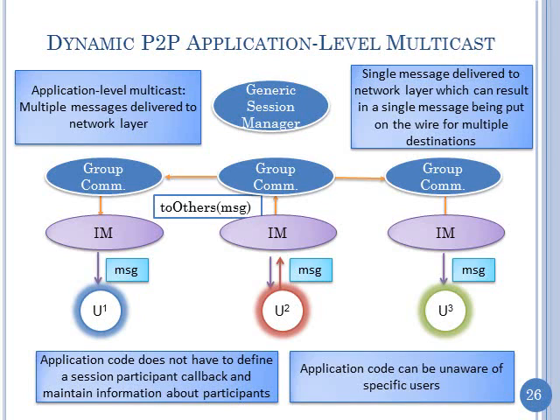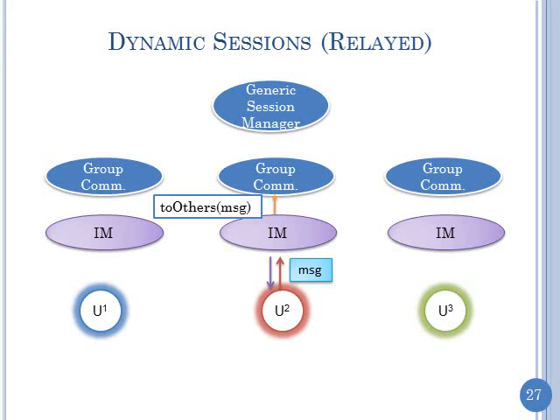So this is multicast. And in this case, we send messages directly to each other. Okay, so when we say "to others" to our library, are we really saying it should go directly or indirectly? We're just saying "to others."